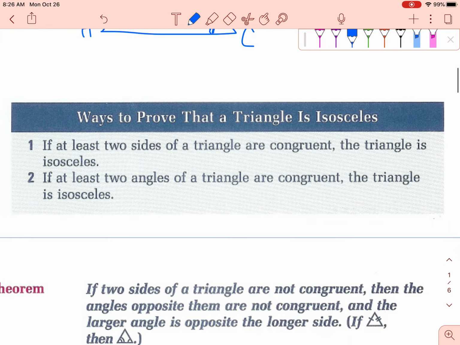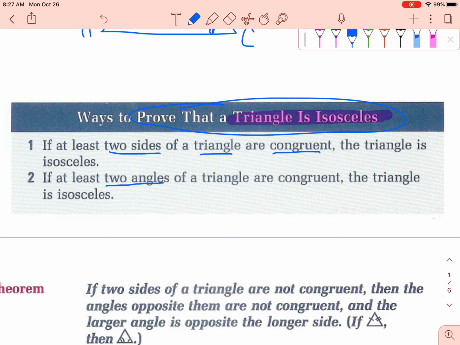Also, here are the two ways that you're allowed to prove that triangles are isosceles. In proofs from now on, they're going to say something like, prove triangle ABC is isosceles. If you can prove that two sides of the triangle are congruent, you know that it's isosceles. You're allowed to use that.